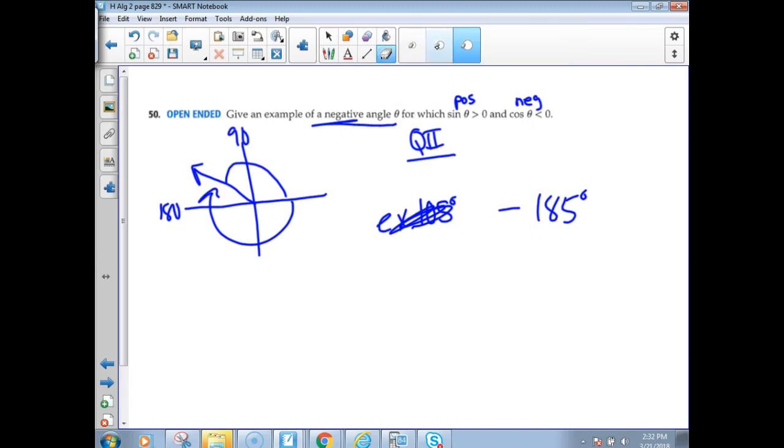Make sure it's a negative angle in quadrant 2, so between negative 180 and negative 90. No, negative 270 would have to be up there, right?